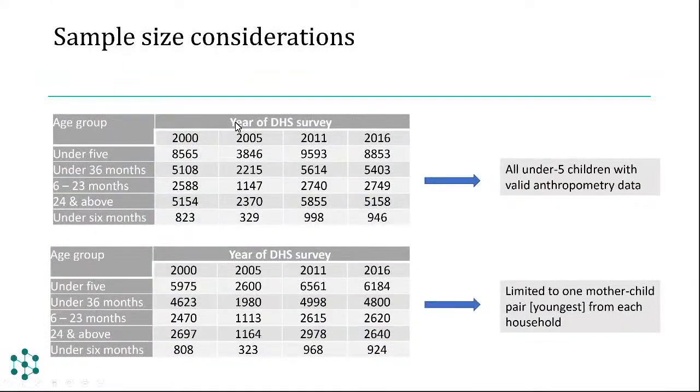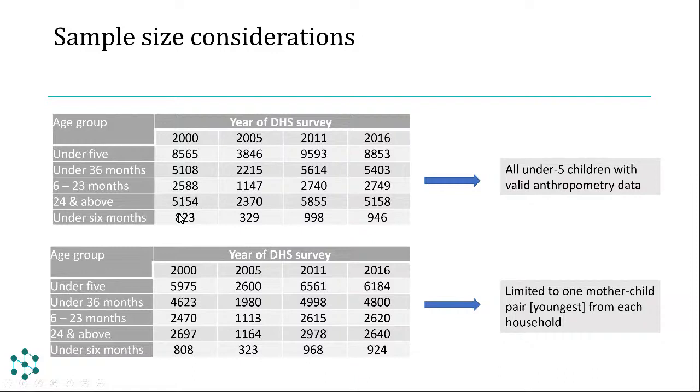When we break that down by age group, you can see that, for instance, up here, the number of children under 5 that have good quality HAZ data was about 8,565. Breaking down by age group, the 6 to 23 month age group has a couple thousand there, which is good. And the majority of the rest are above age 2 years.